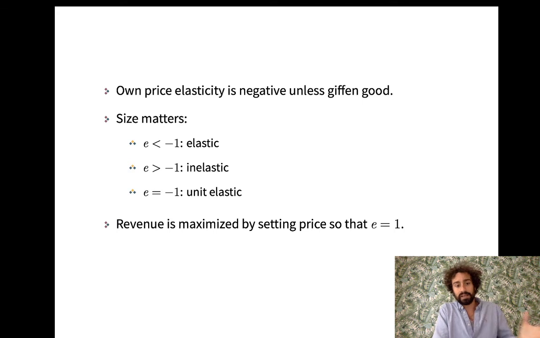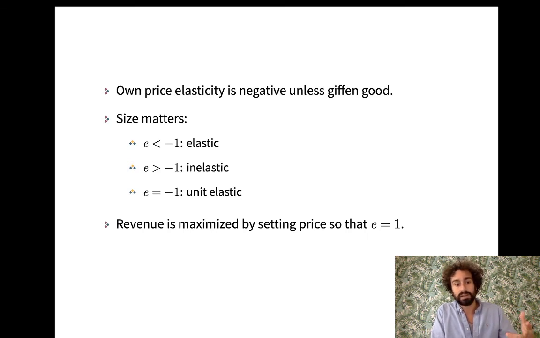But the size of the elasticity is what matters, not the sign, right? So if it's exactly -1, that means if I have a 1% increase in price, I get a 1% decrease in demand. If I get a 10% increase in price, I get a 10% decrease in demand, etc. If it's less than -1, we call this elastic.